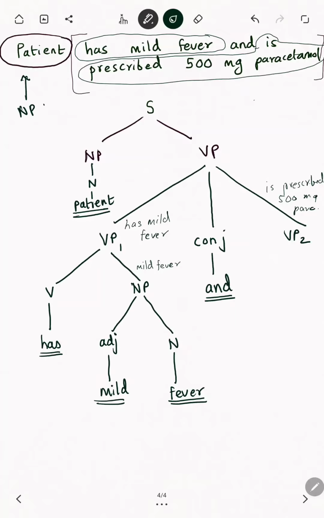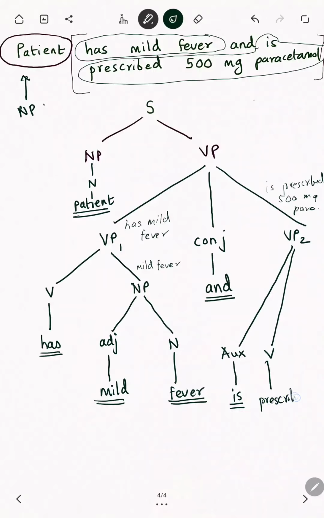Now to be strictly accurate in English grammar, you can also say that is prescribed is one verb, but more precisely, is an auxiliary verb, and prescribed is a participle. Now still there is a noun phrase which is left.